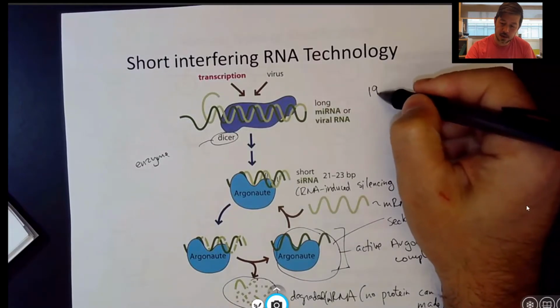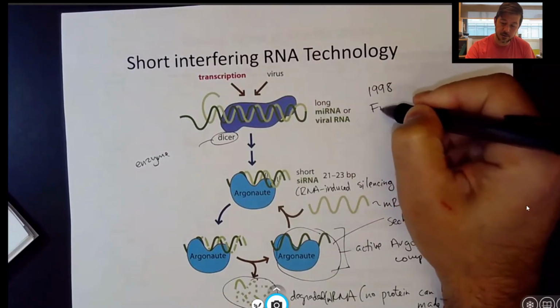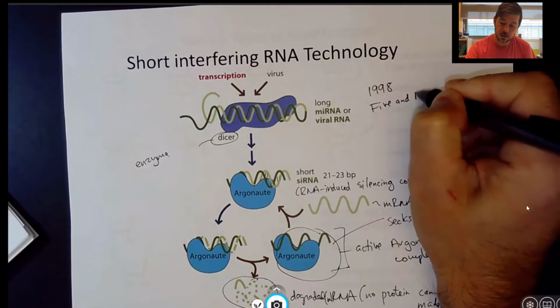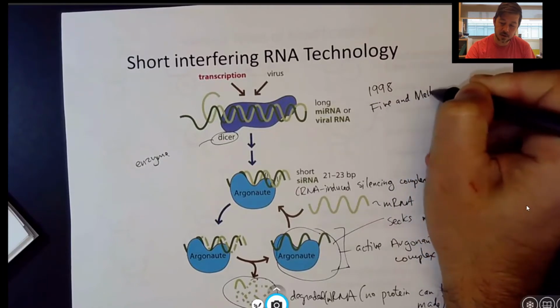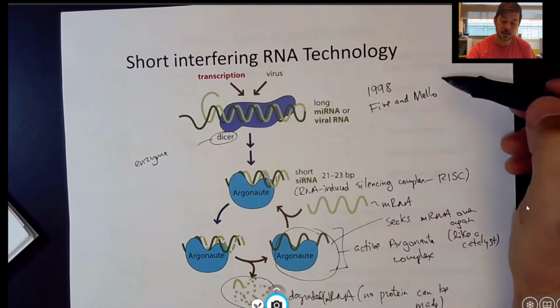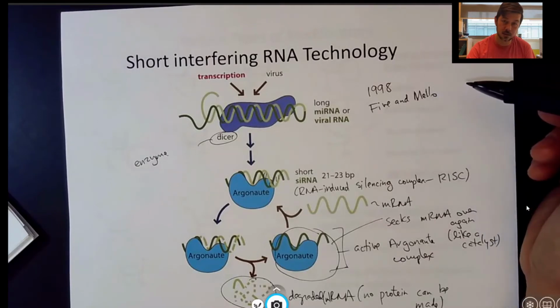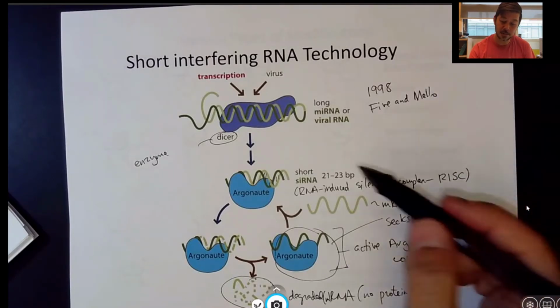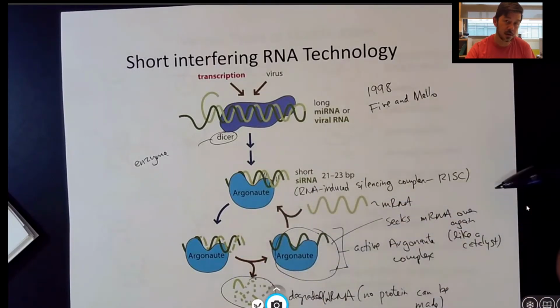In 1998, researchers Fire and Mello discovered and reported that an organism called C. elegans, which is a worm, can utilize double-stranded RNAs to control gene expression, as I'm showing you here.